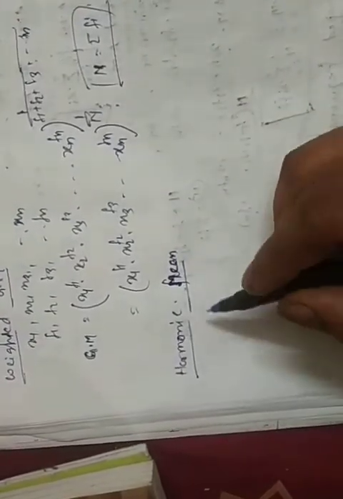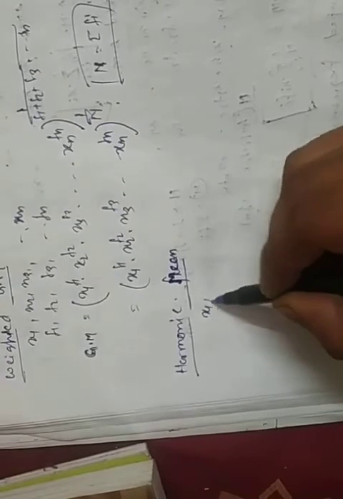Those who don't know the harmonic progression simply need to know that if x1, x2, x3 are the n values for a simple distribution, then the harmonic mean will be calculated as the arithmetic mean of the reciprocals of the values. That is, the reciprocals of these values are 1 by x1, 1 by x2, 1 by x3 up to 1 by xn.